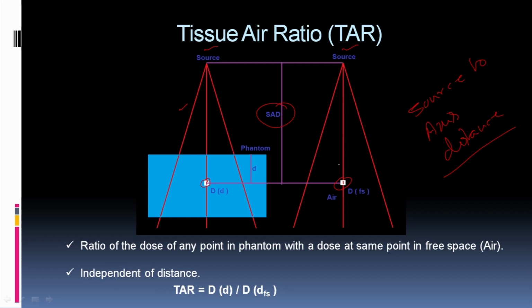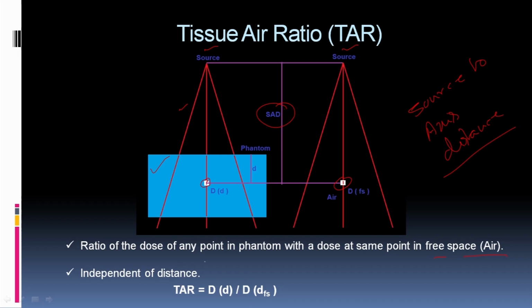Now you must notice that there is a difference in measurement. Here we have applied a phantom, and here it is free space, meaning there is no phantom. We have to measure the dose in air. Now the ratio of dose at any point in phantom, at any depth in phantom, to the dose at the same point in free space.